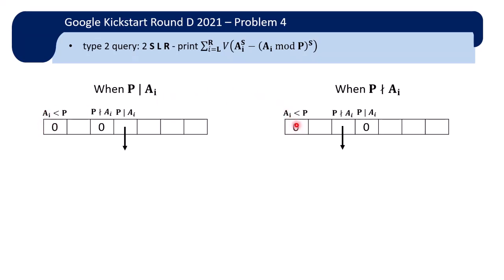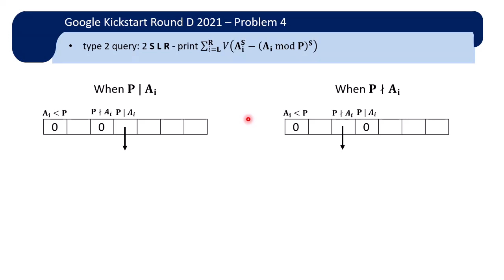So now if I face a query from L to R, I'll basically query from L to R in the first segment tree and the second segment tree and add the answers up, and that will give me the final answer. So this is the rough frame of how it works.